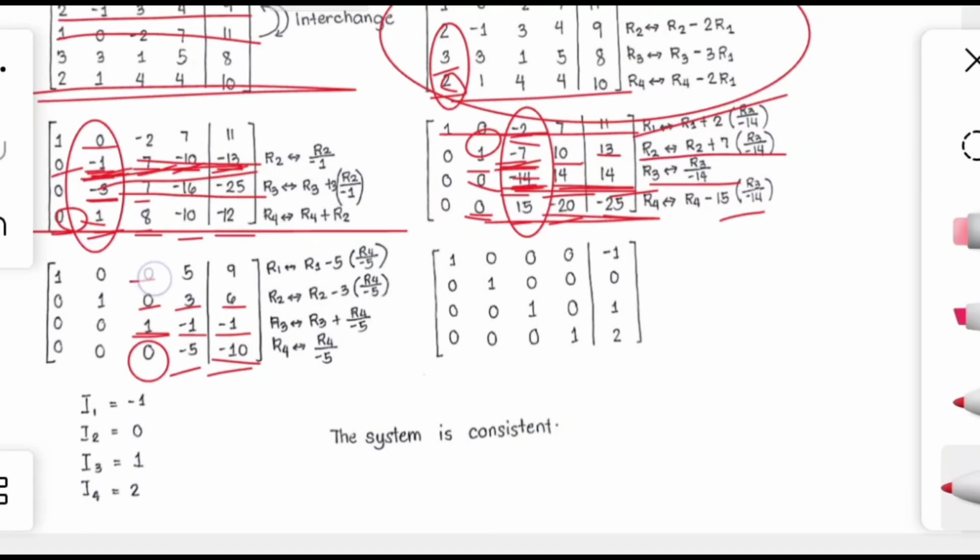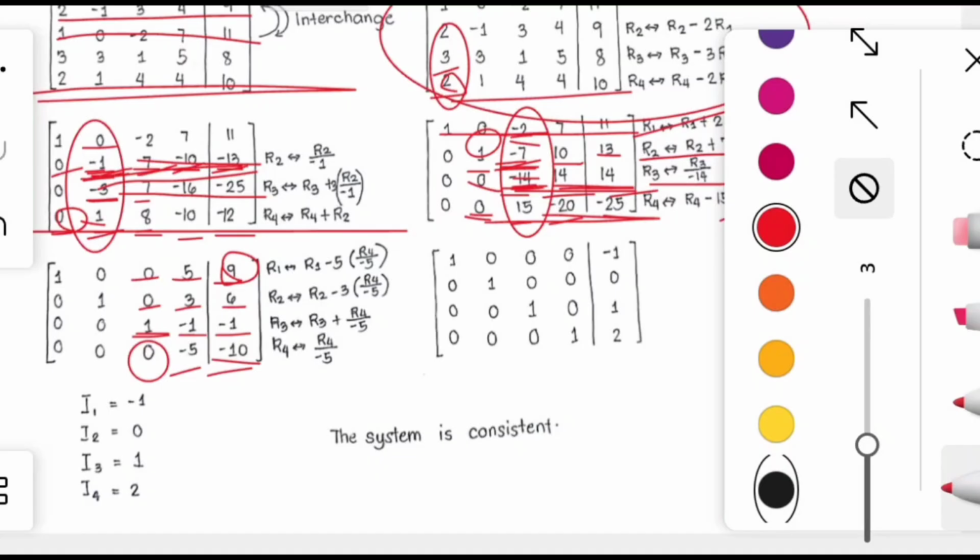So we have the 0, and then r sub 1 plus 2 times the r sub 3 over negative 14, which is the negative 1, so we have the 5. And then the 11 plus 2 multiplied to negative 1, we get 9. So hence we have this in this form now.